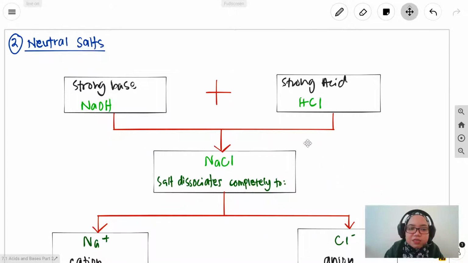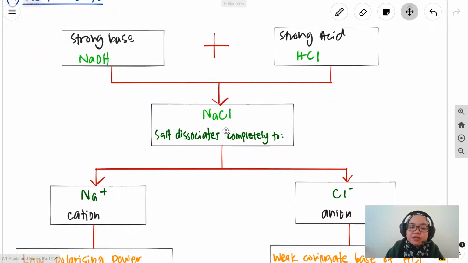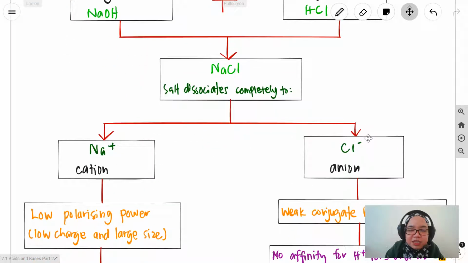This neutralization reaction will form sodium chloride salt. This sodium chloride salt will further dissociate completely to form sodium cation and chloride anion. Both of these ions need to hydrolyze with water to form either hydronium ion or hydroxide ion.